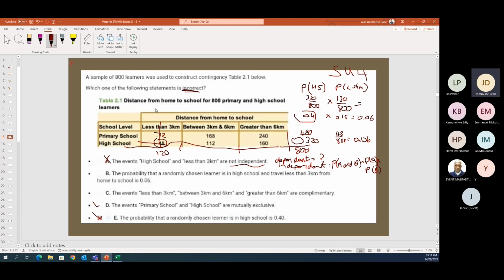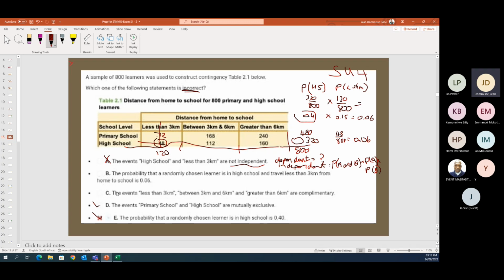The same, we could have said less than 3 kilometers, between 3 and 6, and greater than 6 are also mutually exclusive, because you can't be less than 3 kilometers from school and then suddenly be between 3 and 6 and then more than 6. You can only be in one of them.